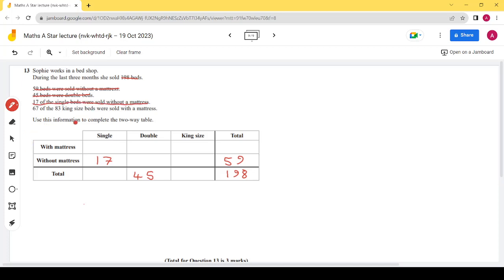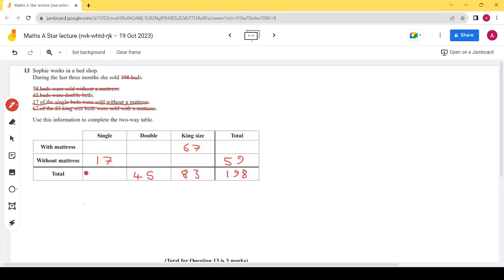And then we've got 67 of the 83 king size beds were sold with a mattress. We've got 2 pieces of information here. 83 king size beds were sold in total, and 67 were sold with a mattress. So we've entered all our information here, and now it's down to us.